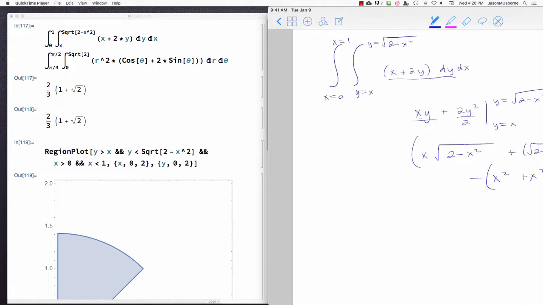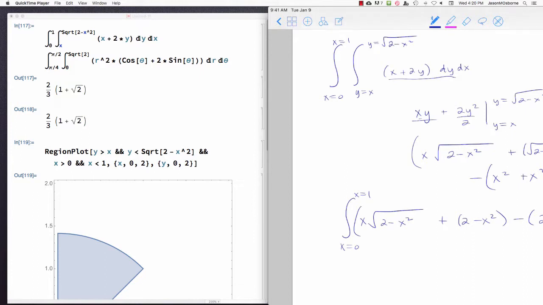So you get the integral from x is equal to 0 to x is equal to 1, x square root of 2 minus x squared plus 2 minus x squared minus 2x squared. Right.